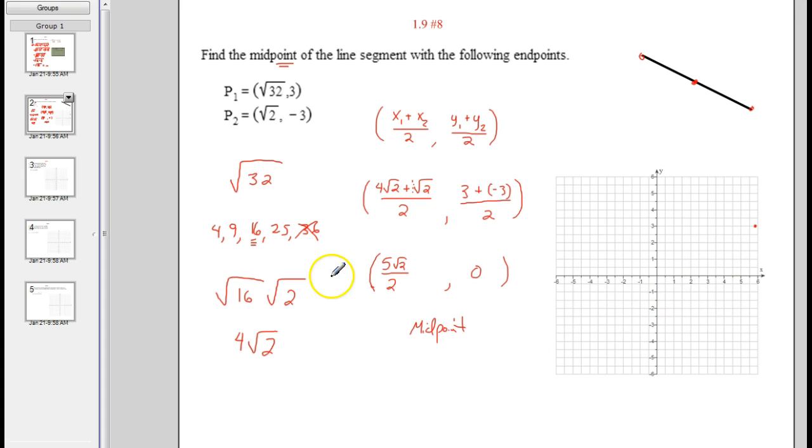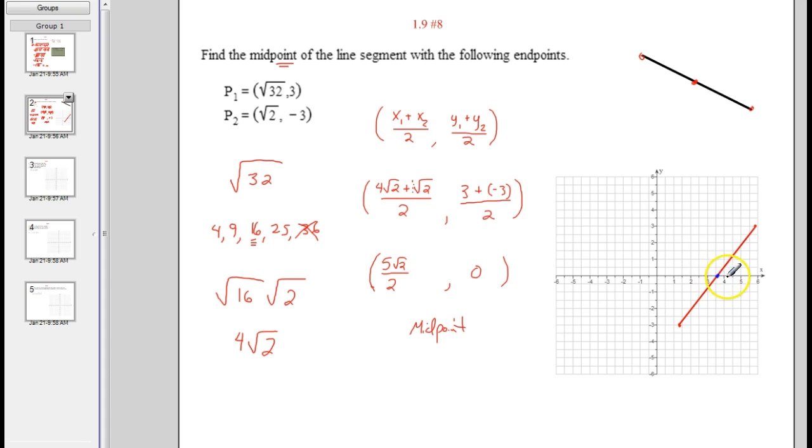And then the square root of 2 is about 1.4. Negative 3 would be right about there. And if I connect those 2 with a line segment, I get this, and then if I estimate the midpoint, what point looks like it's about the middle of this line segment, it would be right about there.